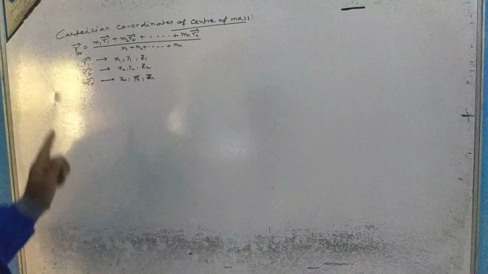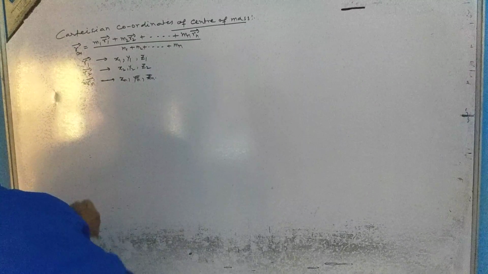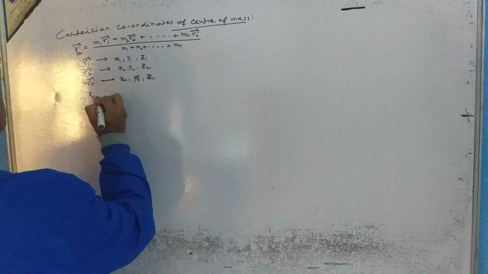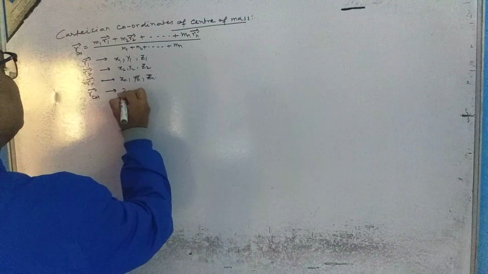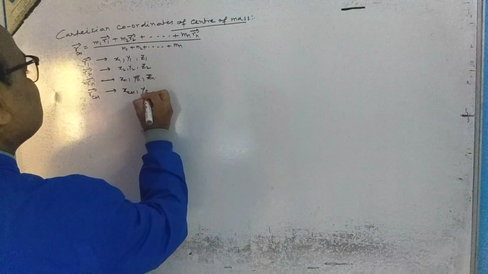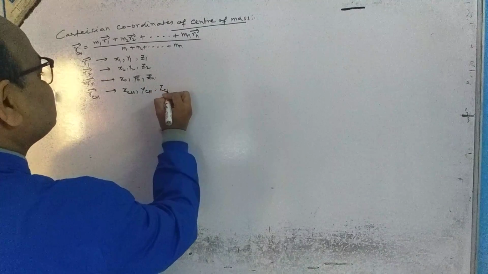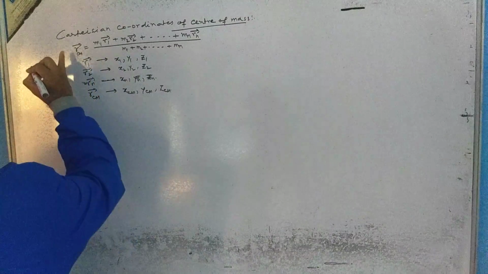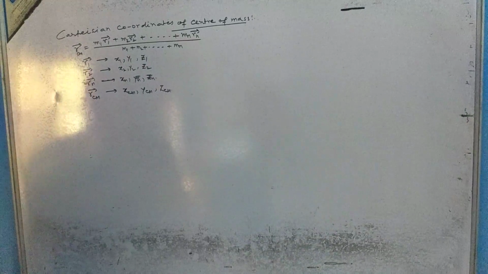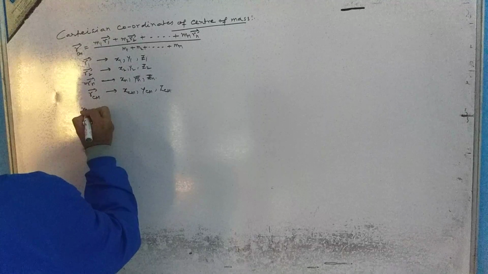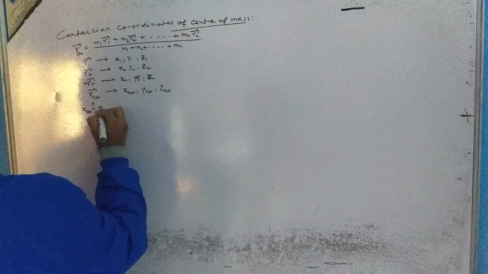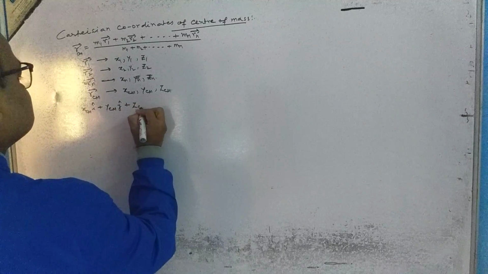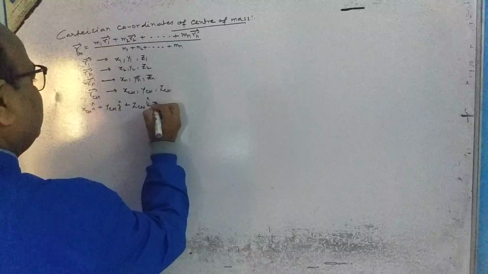Then what will happen? We shall write it here. Obviously, our r cm vector should also be resolved, that is xcm, ycm and zcm. Just see. Then from our concept of vectors, rcm vector will be xcm i cap plus ycm j cap plus zcm k cap. Very clear.